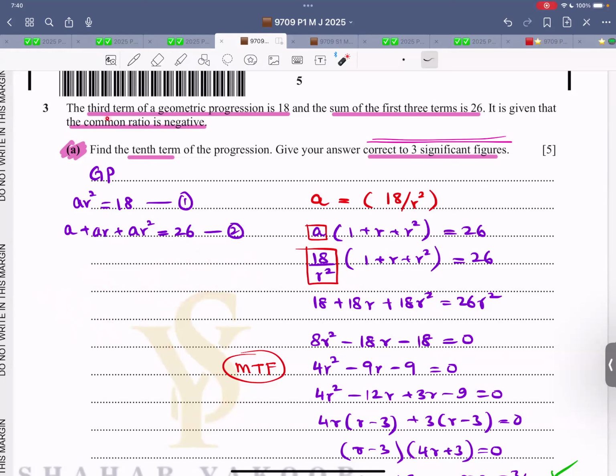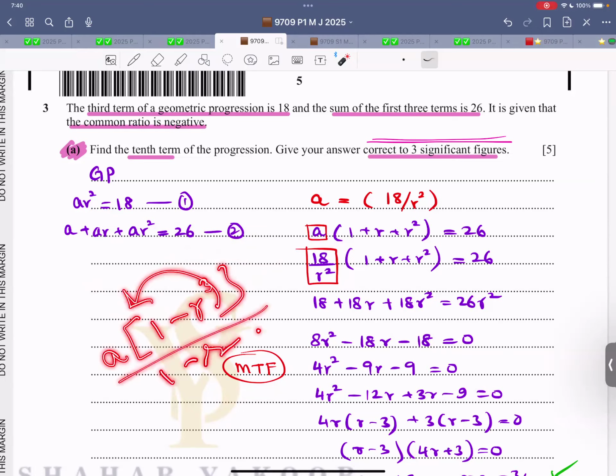So the third term, that is a r power 2, is 18. Therefore, if I make a the subject, that is 18 over r square. And then I'm adding individually the first three terms. Now, someone can ask me this question, sir, why haven't you used the formula? Because in the formula, it would be a(1 minus r cube) over 1 minus r. Of course, we can also write r cube minus 1 over r minus 1.